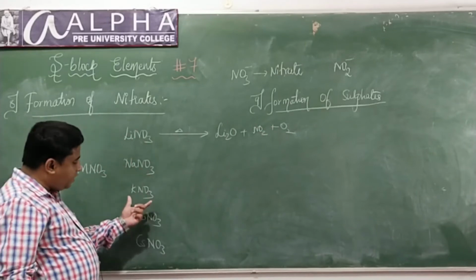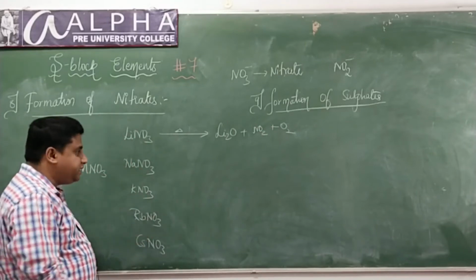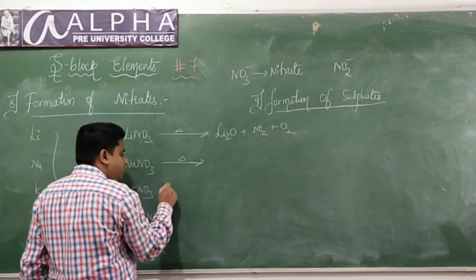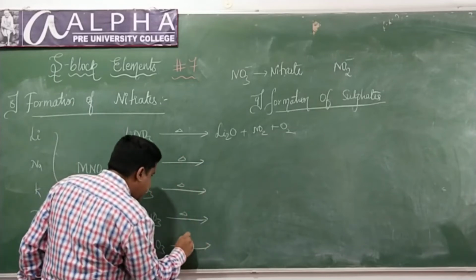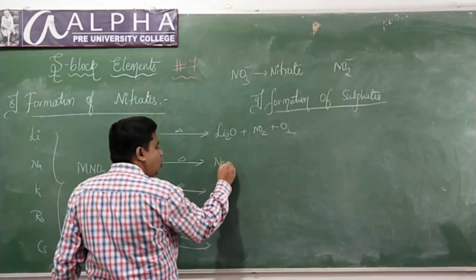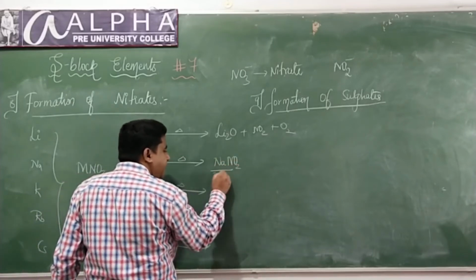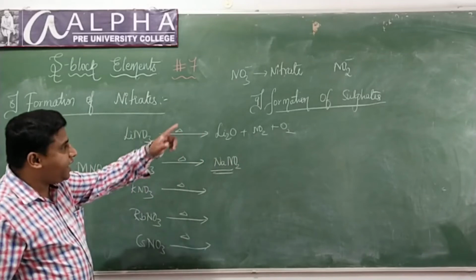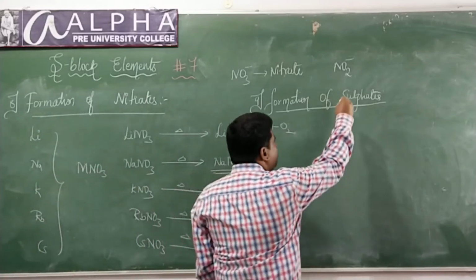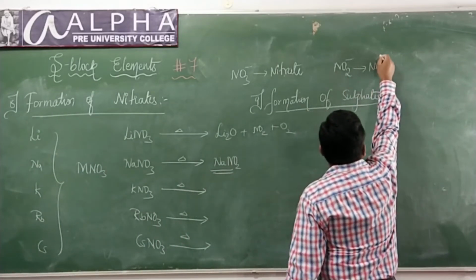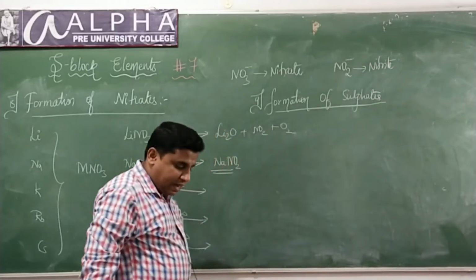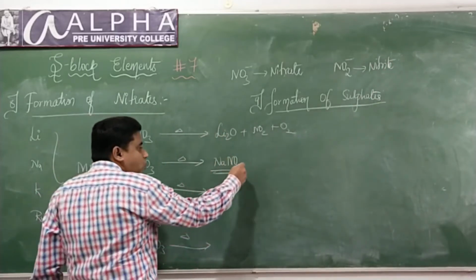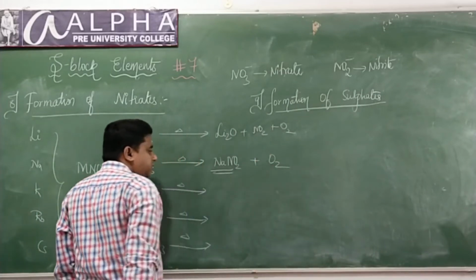Whereas sodium nitrate, potassium nitrate, rubidium nitrate and cesium nitrate will decompose, giving rise to sodium nitrite. Look at the formula, NaNO2. I told you nitrite is NO2 minus. NaNO2 plus oxygen.